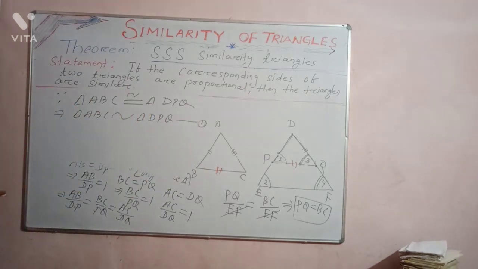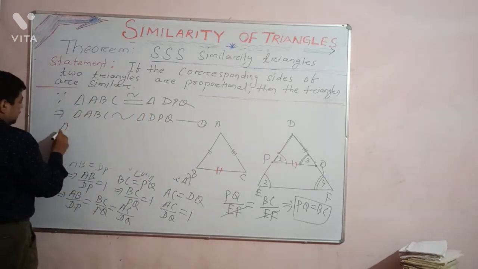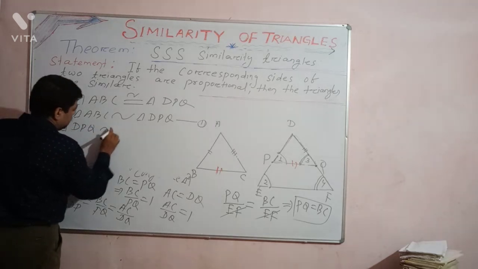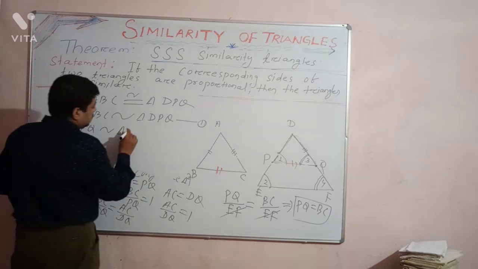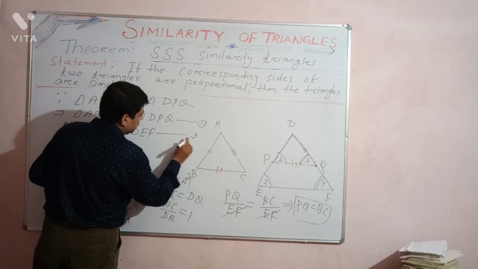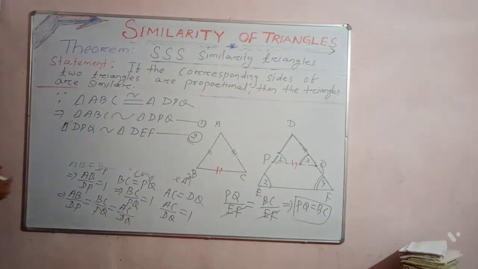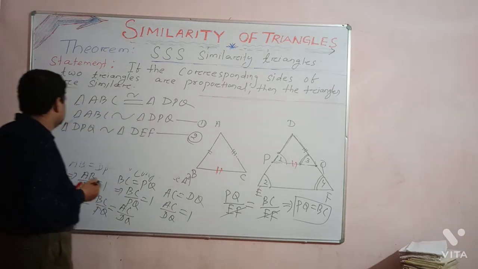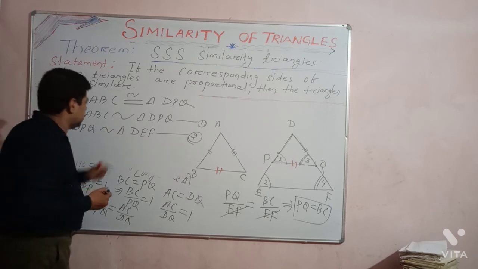This is the one point we already got. And again, already we have proved that triangle DPQ is similar to triangle DEF. Okay? Yes or no? Now you see triangle ABC is similar to triangle DPQ, and triangle DPQ is similar to triangle DEF.